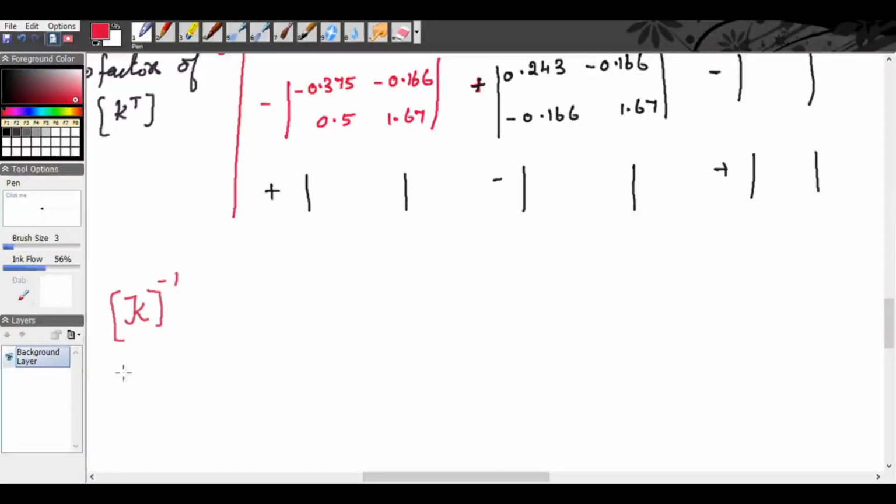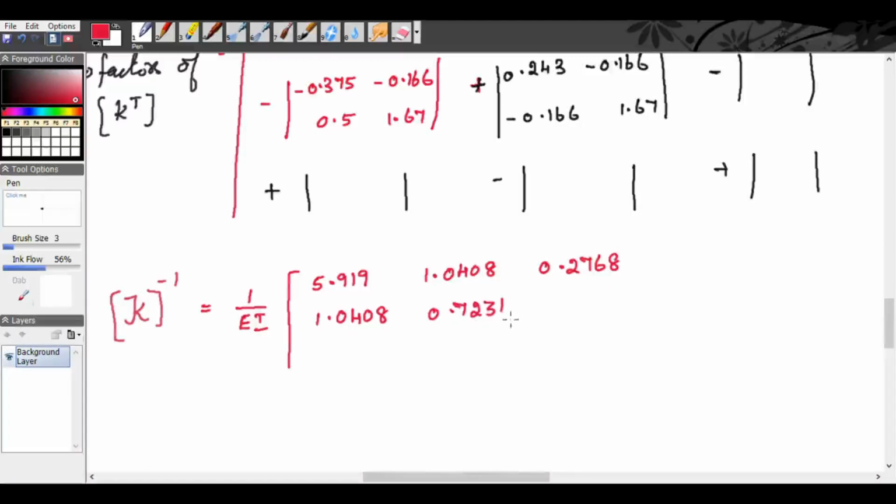So K inverse is equal to 1 by EI into 5.919, 1.0408, 0.2768; 1.0408, 0.7234, minus 0.1131; 0.2768, minus 0.1131, 0.6608.